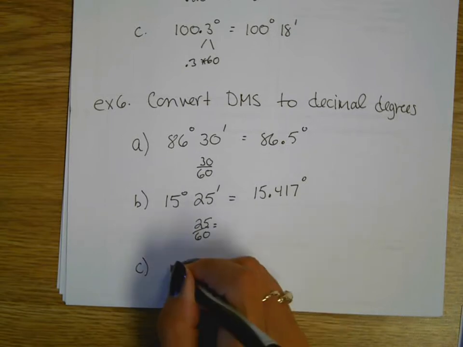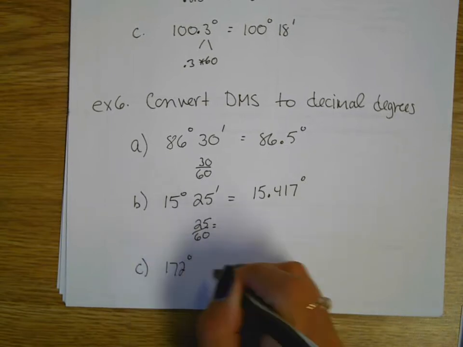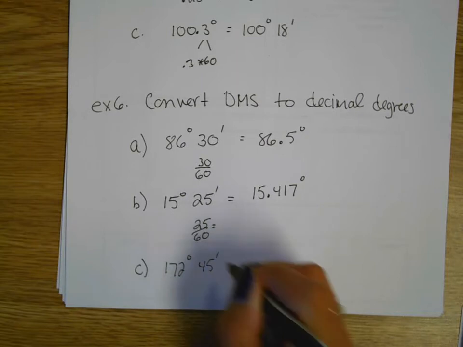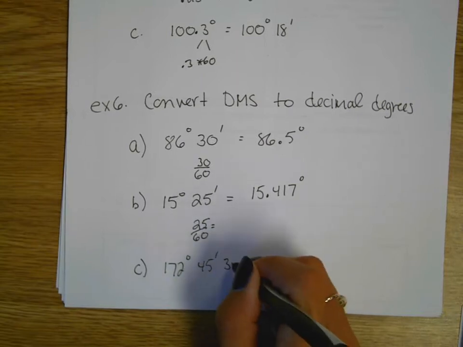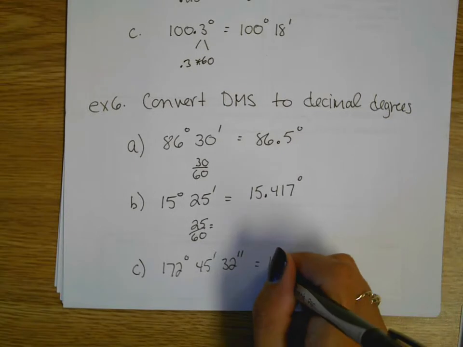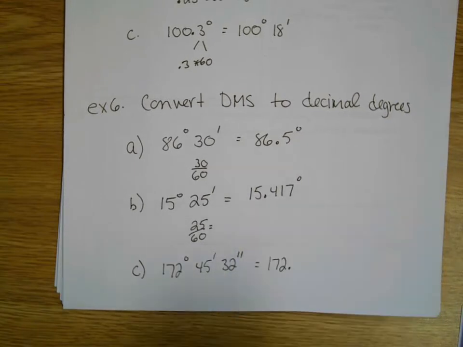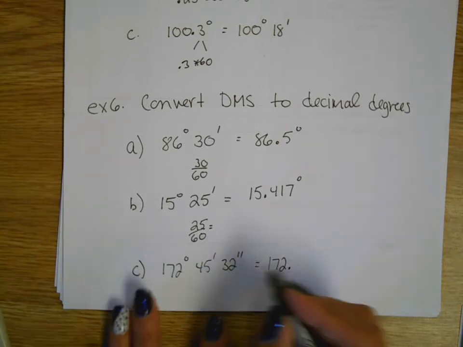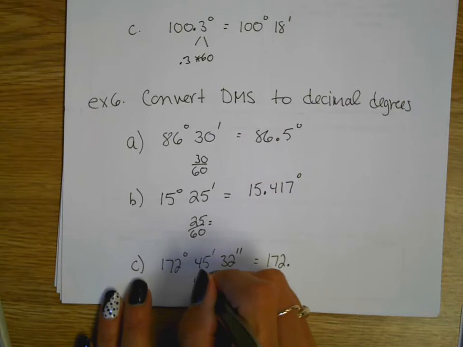What about the seconds? I kind of lost those. 172 degrees, 45 minutes, 32 seconds. What's going to happen here? You've got the 45 out of 60.